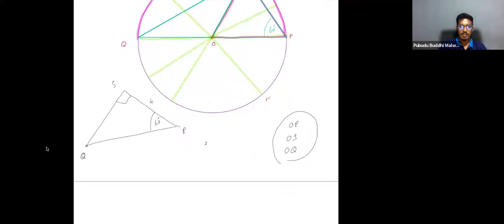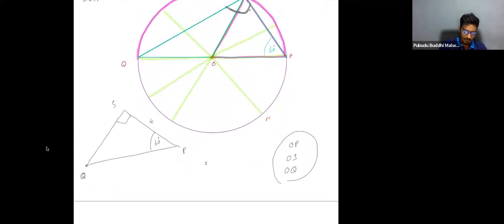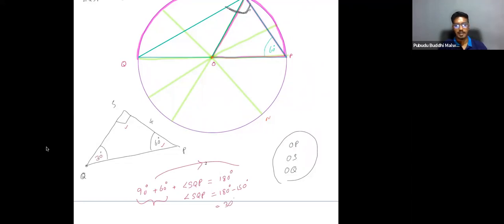Maybe you can compute this angle initially, SQP. Here 90 degrees, 60 degrees, the sum equals 150. Then for the SQP angle, the sum of these three angles equals 180. Hence, SQP equals 180 minus 150, because this part equals 150. I move that sum to the other side. So 30 degrees. So now this is a 30, 60, 90 triangle.